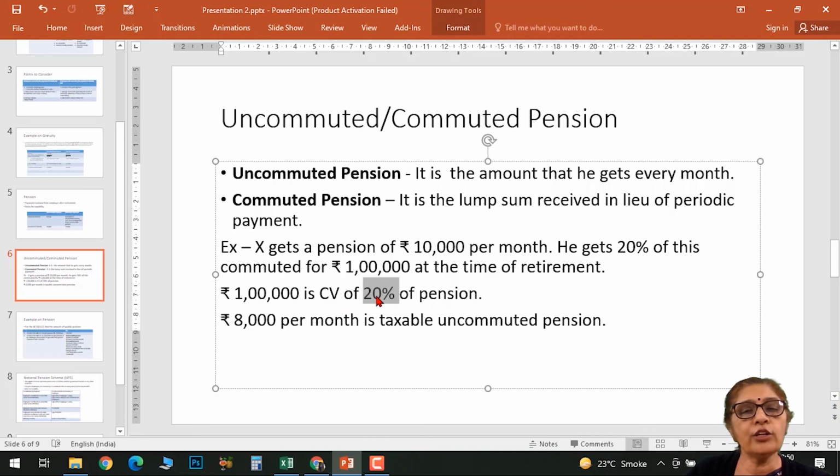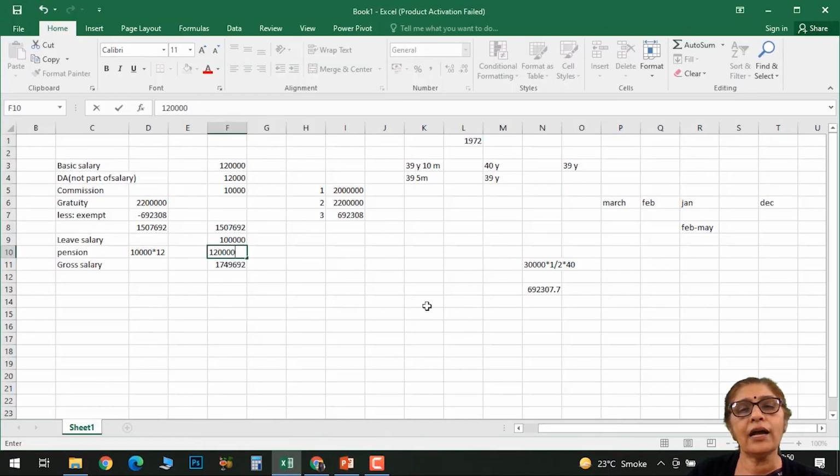So if the value for 20% of commutation is 1 lakh, what will be the value for 100%? As simple as basic maths. For 20%, it is 1 lakh. So for 100%, it will be 1 lakh divided by 20 multiplied by 100, that is 5 times. So that becomes 5 lakhs.